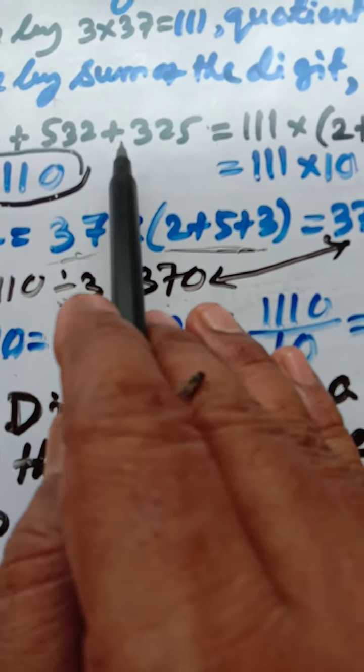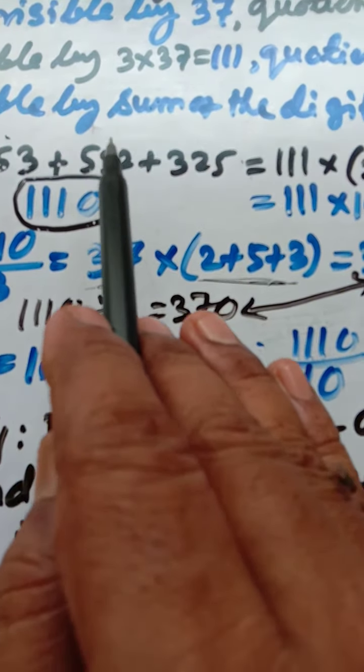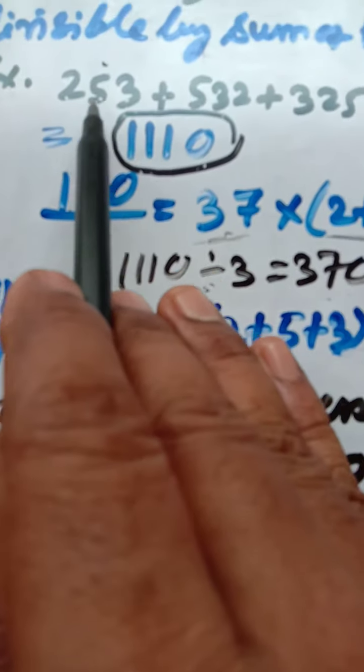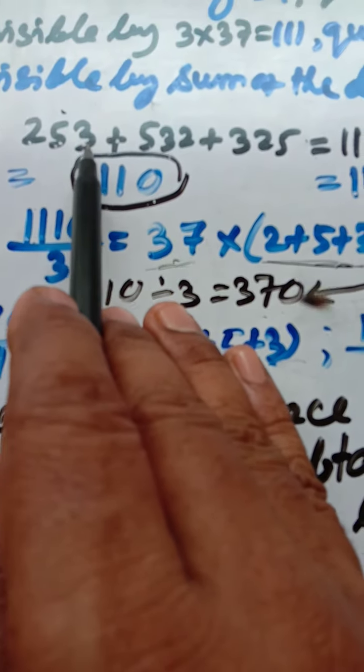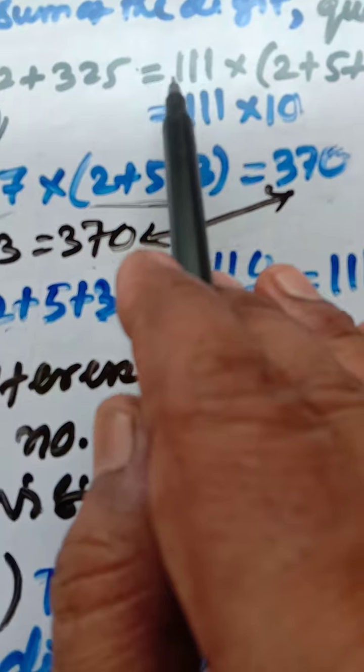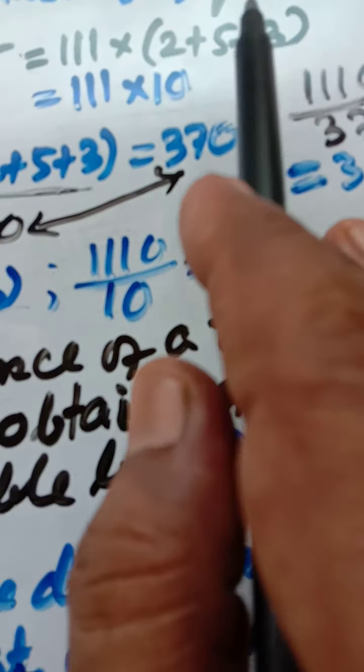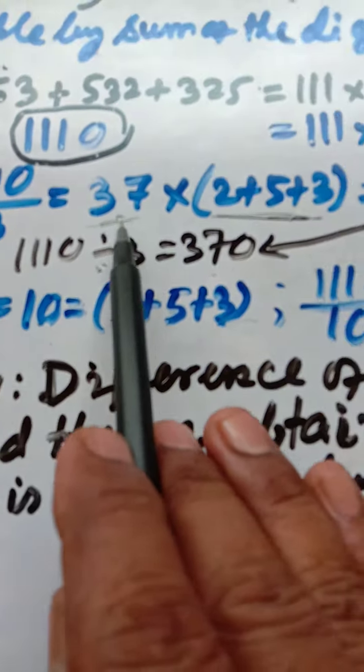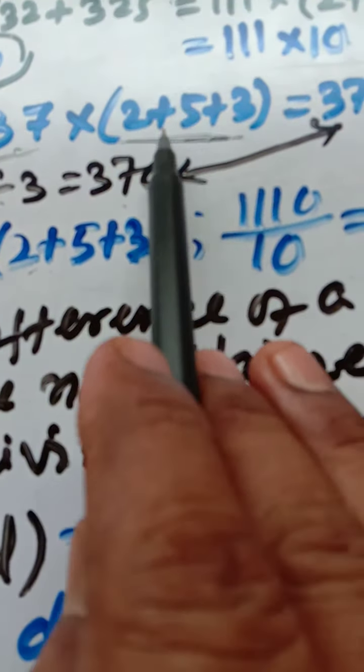If you divide by 3, the quotient will be 37 into the sum of the digits. The sum of the digits is 2 plus 5 plus 3, that is 10. So this number is 111 into the sum of the digits. Dividing by 3 gives 37 into 10. Dividing by 37 gives 3 into the sum of the digits, 3 into 10, that is 30. Dividing this number by 111 gives the sum of the digits, that is 10.